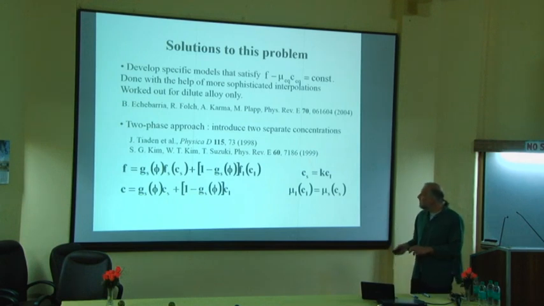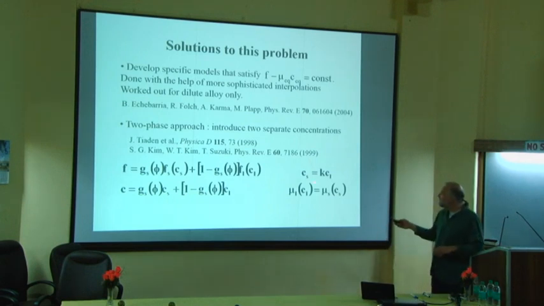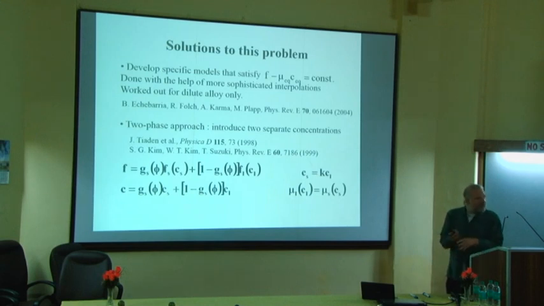And so in the first paper by the Access group, they did this using a simple partition relation that is saying that the solid concentration is the partition coefficient K times the liquid concentration. Kim-Suzuki generalized this because they said, okay, actually this condition should be given by the condition that the chemical potential in the two phases should be the same, because in an interface you can have rapid exchange of particles between the two phases, and as we have seen, if you have an exchange between two systems, the chemical potential should be the same.